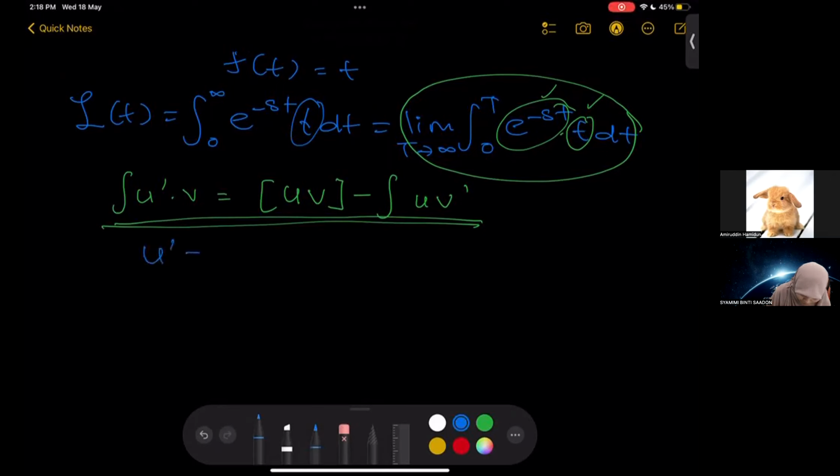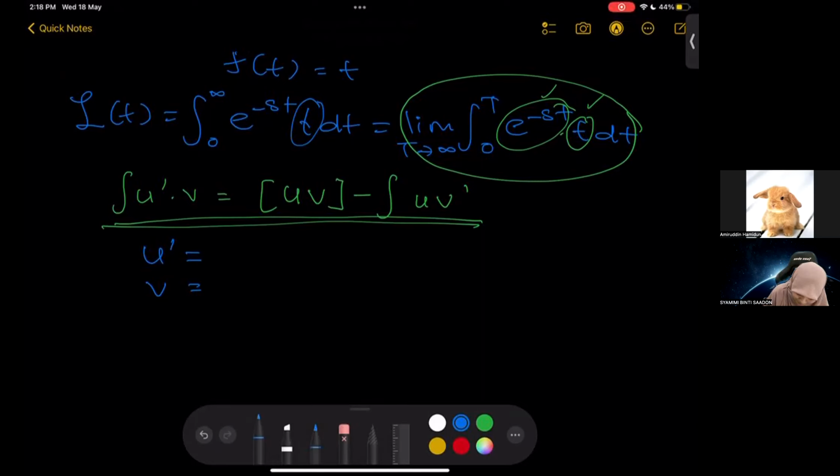You have to choose u prime and v wisely. If we do not choose correctly, sometimes we have no solution, or the solution is harder than the previous one. The method is supposed to make things easier, but with a wrong choice we might end up with a more difficult function.